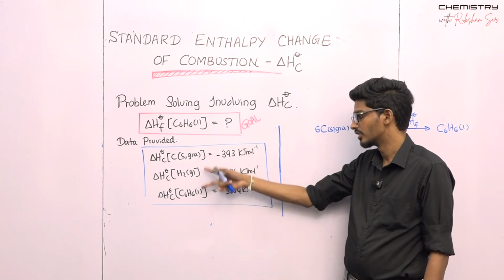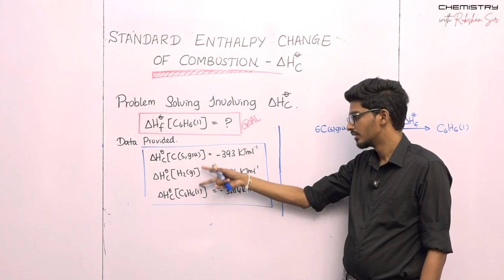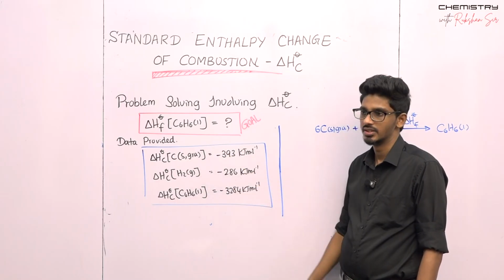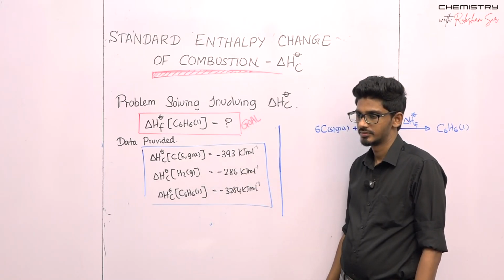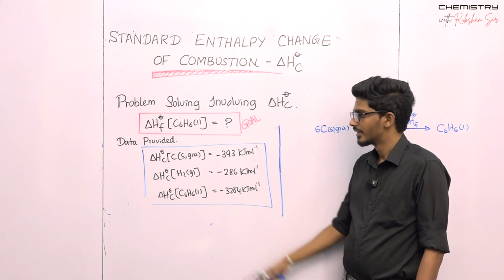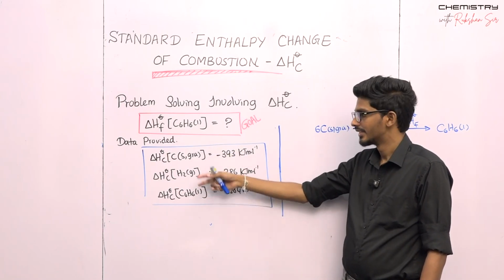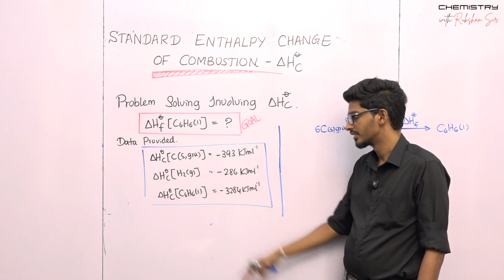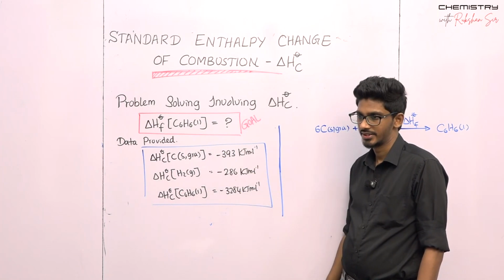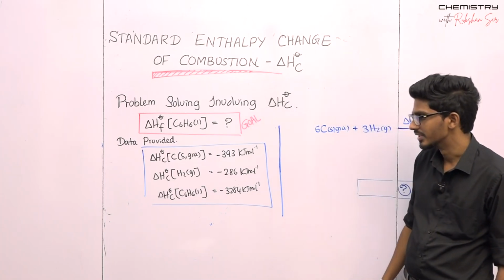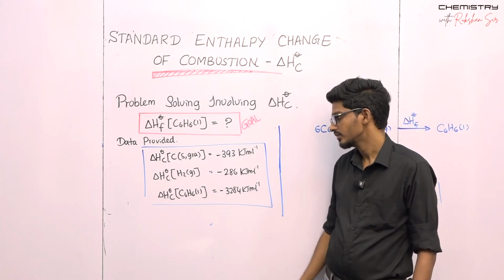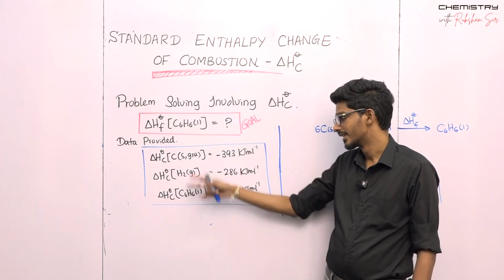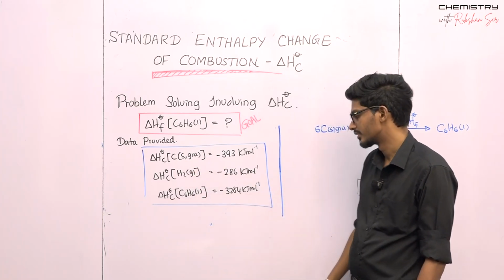So just think of what chemical components are available with the combustion data. With the combustion data, the respective species to combust as well as the respective oxides are the things available.